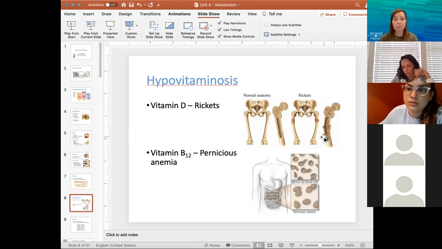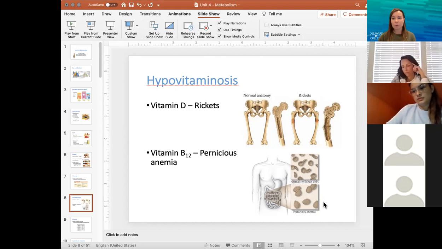So if you have a deficiency of vitamin B12, your body cannot make a sufficient amount of normal red blood cells. As a result, you're lacking red blood cells, and they are an abnormal shape too. You can tell, here are normal red blood cells, and here are red blood cells from someone suffering from pernicious anemia. There are fewer, and they have a slightly different shape too.